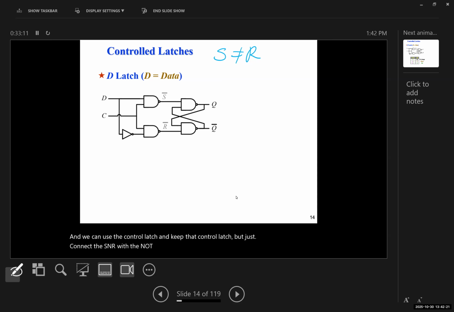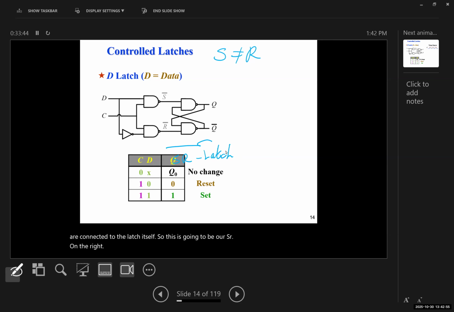Now what we have created is called a data latch. A data latch has 2 inputs. It has a D, or data, which is connected to the set, and with a NOT gate to the reset. And the control, which is connected to the 2 NAND gates, which are then connected to the latch itself. So this is going to be our SR latch on the right.